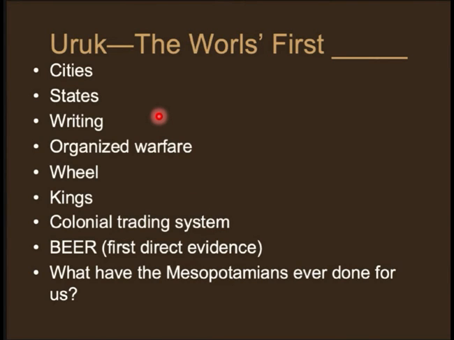All right. Well, what do we have the Mesopotamians to thank for? Well, a lot of the earliest things in history that we associate with quote-unquote civilization appear in Mesopotamia first before any other areas in the world. Egypt is a close second with many of these things, but Mesopotamia can boast the earliest cities in the world, the earliest states, which go along with cities, the earliest writing, although there is a debate about which came first, Egyptian or Mesopotamian writing.